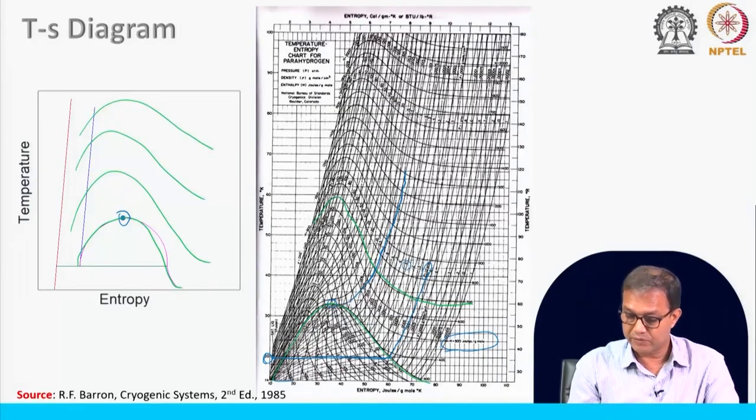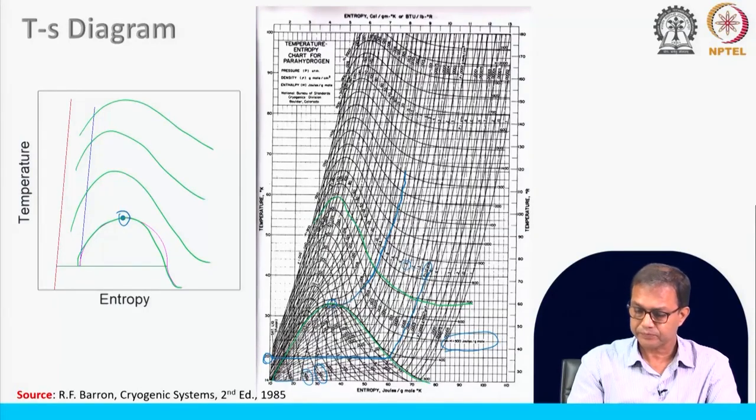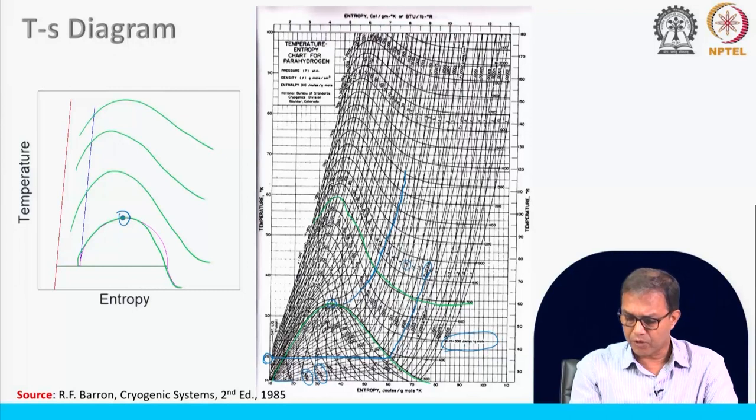As we move up you will find that the enthalpy values are increasing, and as we move inside you will find that these enthalpy lines are negative enthalpy lines. So, it is very important to note these values and this unit.